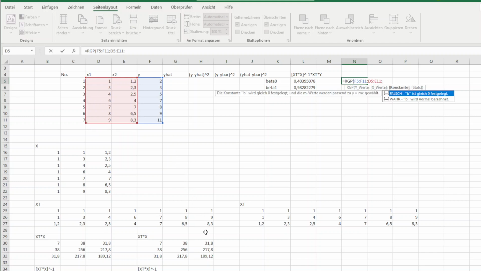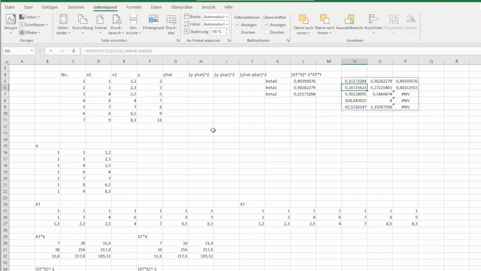And since later on we also want, of course, when we want to do hypothesis testing and calculating correlation and so on, we want also this as output, and therefore we need here the next variables to be true. And pressing enter, and what we see here is this is beta 0 equaling this.